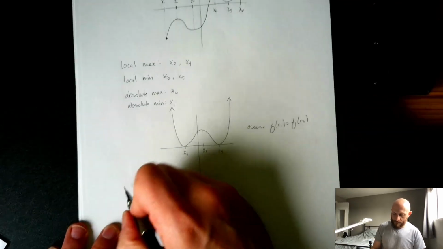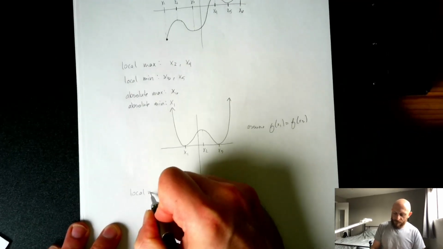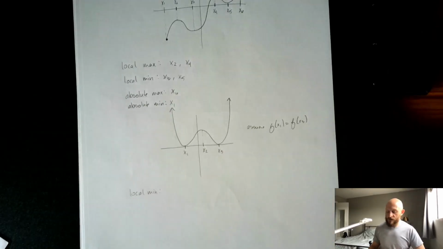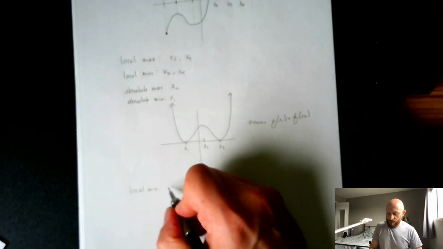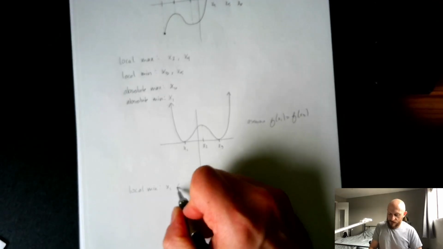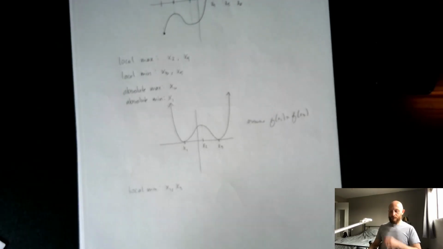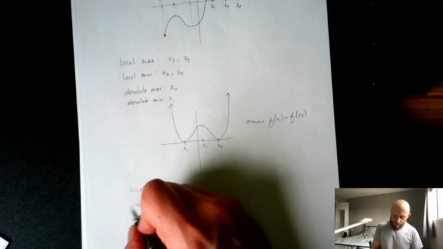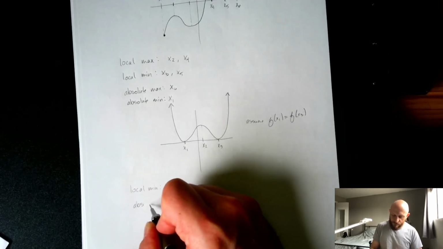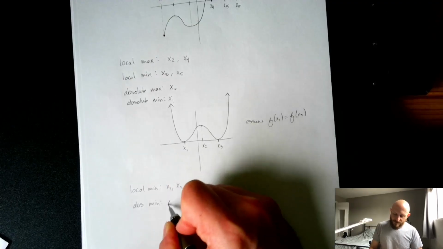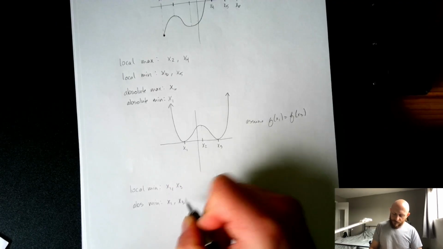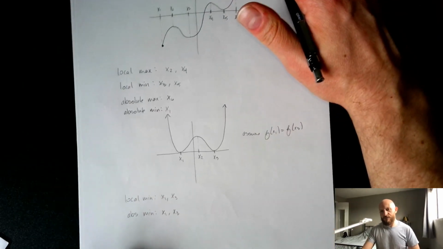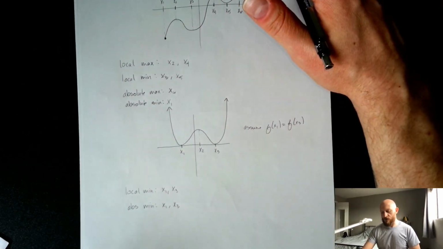Okay. What are the local minimums? We'll start there. Well, x1 is a local minimum. x3 is a local minimum, because they're both occurring on intervals. How about the absolute minimum? It's actually the exact same. A second ago I said there can only be one absolute minimum or maximum if it occurs.